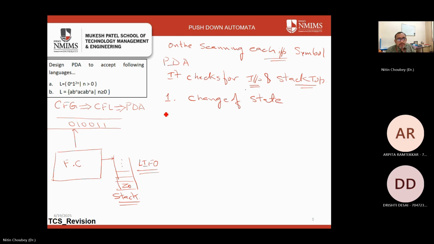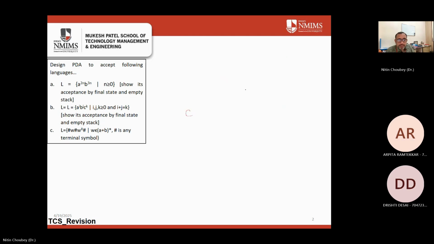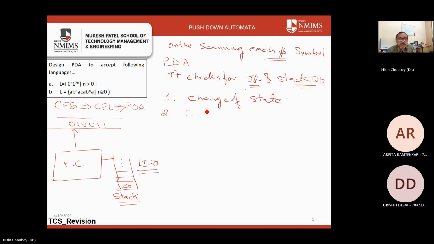Second is change of stack. Stack position changes. Either it pops a symbol from the stack or it pushes a symbol onto the stack.